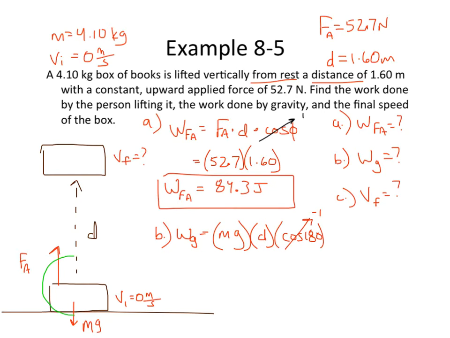And think about that for a second. It should make sense because you're moving upwards, but gravity is pulling down the whole time. Gravity is fighting you as you lift up that box, and so gravity is doing negative work on that box. Well, let's key in our values and see what we get. M times G. The mass is 4.10, and the G is, of course, 9.81 meters per second squared.